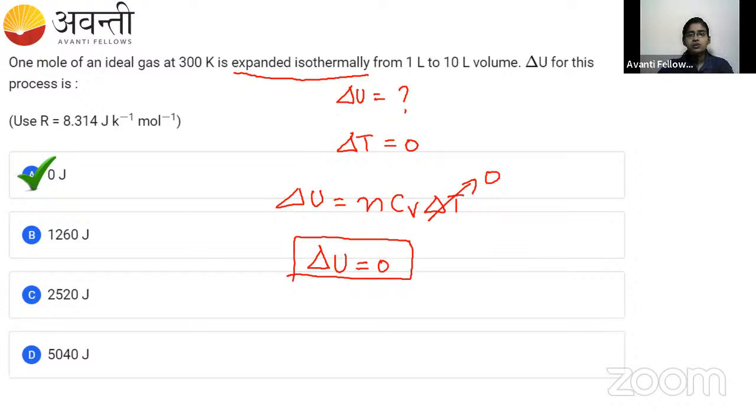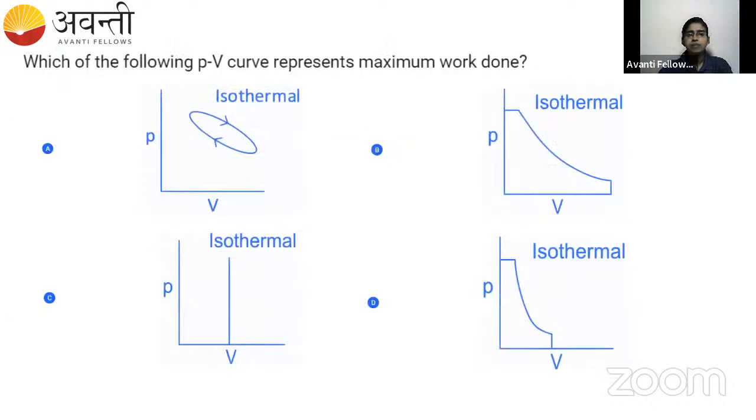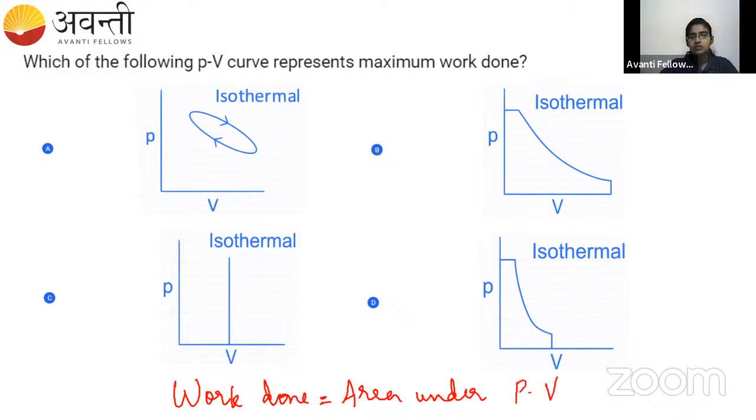Now coming to the next question. Which of the following PV curves represents maximum work done? So I have already told you that to find out the maximum work done, go for the area under the pressure volume curve.